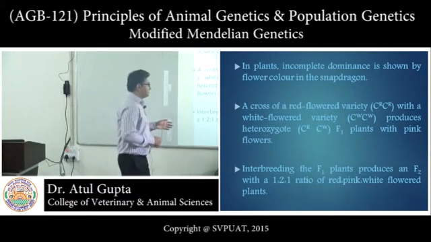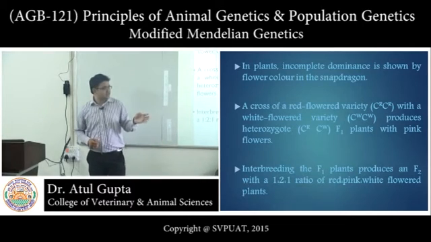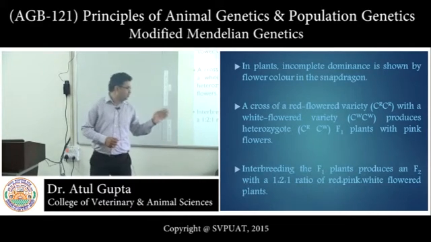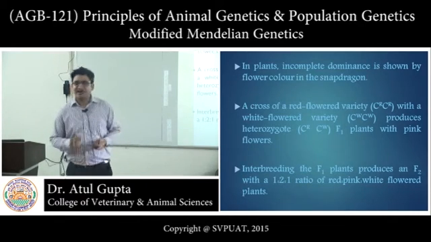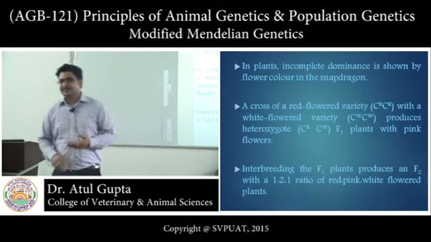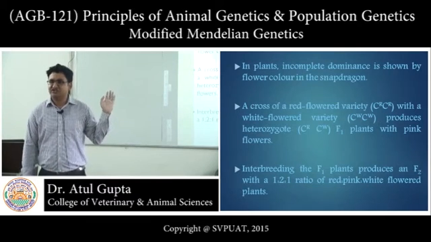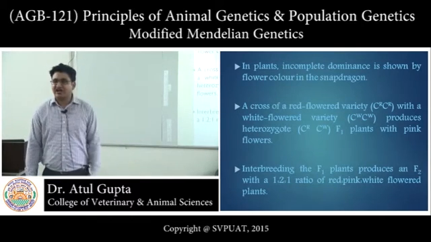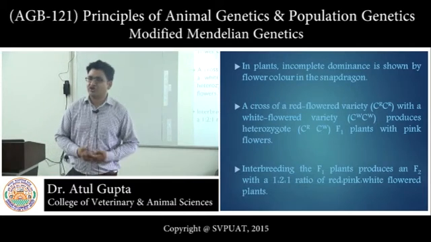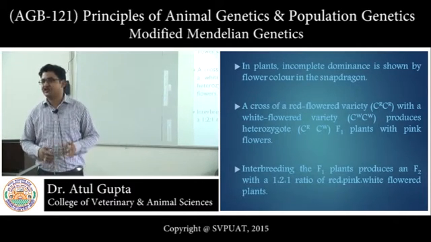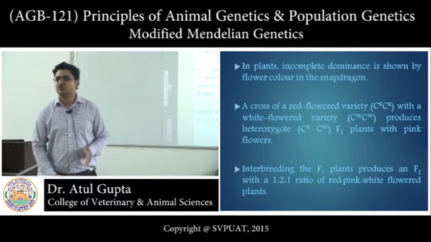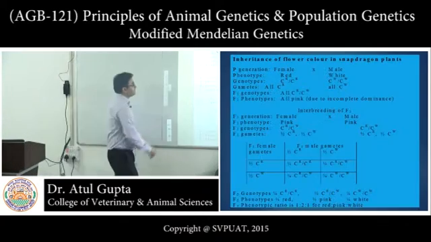Interbreeding the F1 produces an F2 with a 1:2:1 ratio of red, pink and white. As in the plumage example, here also we have three phenotypes and three genotypes. So instead of a 3:1 phenotypic ratio, we get a 1:2:1 phenotypic ratio.